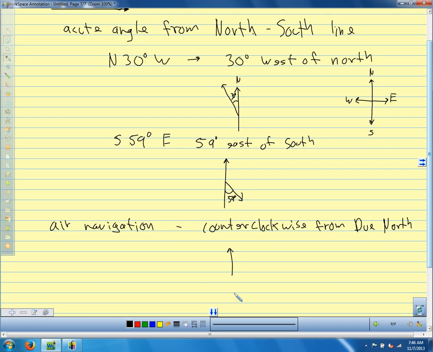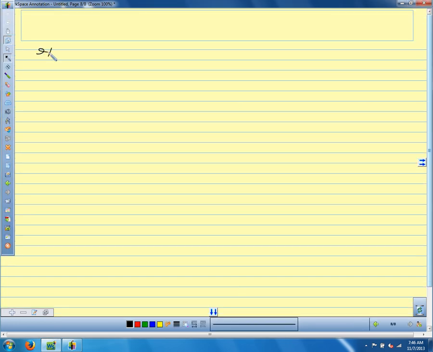So I just want to do one other quick example of taking a vector and breaking it down into its magnitude and direction. That's another thing we're going to want to do with vectors, break them down into their magnitude and direction. So let's say we have a vector 3i minus 4j.